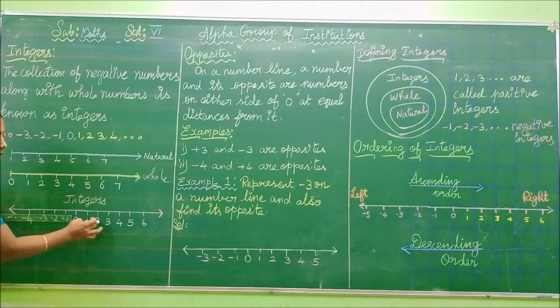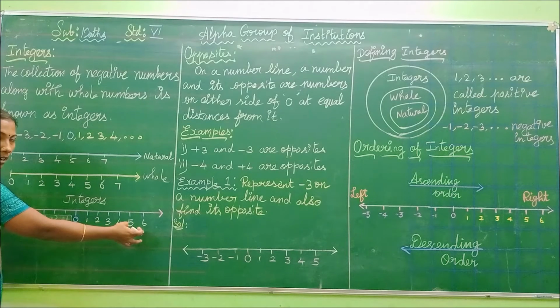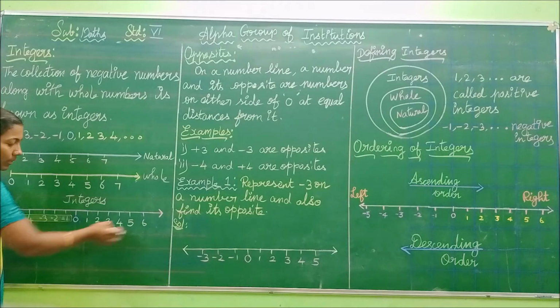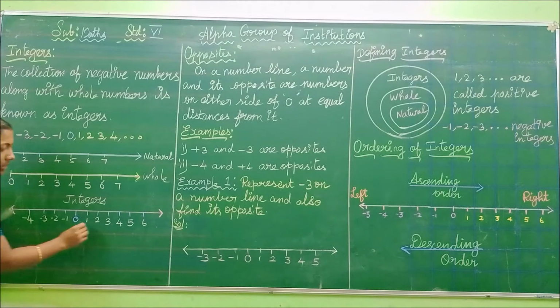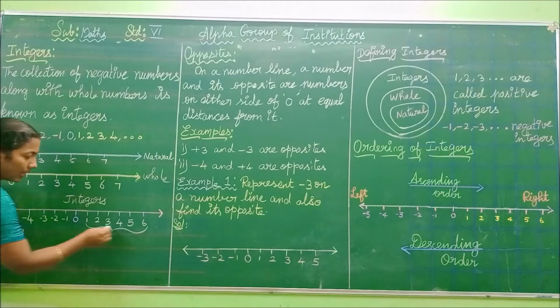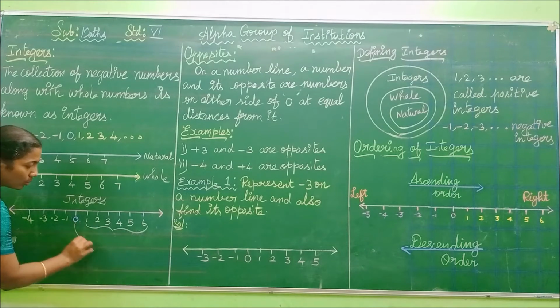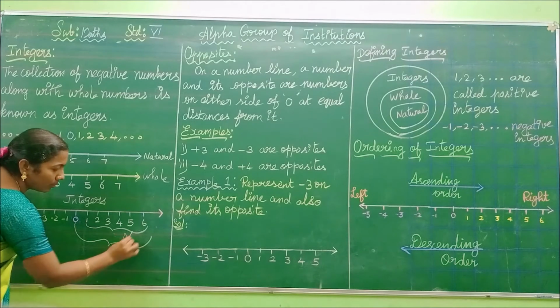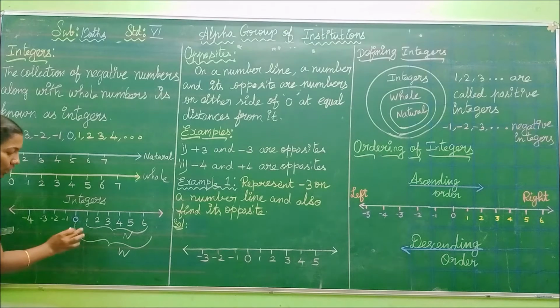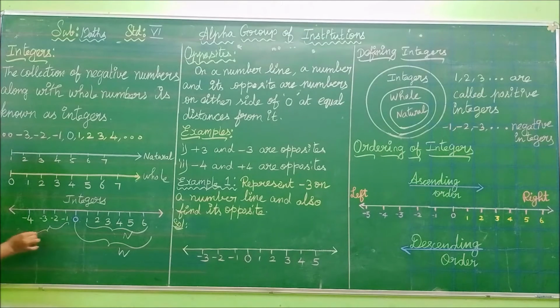Now 0, 1, 2, 3, 4, 5, 6. Now we can call it as whole numbers. See, along with the natural number we add 0. So this is natural number and this is whole number. If you add negative number along with whole number, you get integers. So we can define integers as collection of negative numbers along with whole number is known as integers.